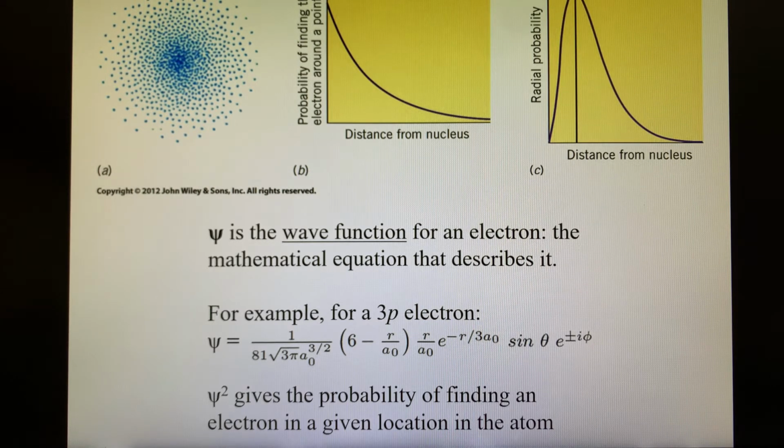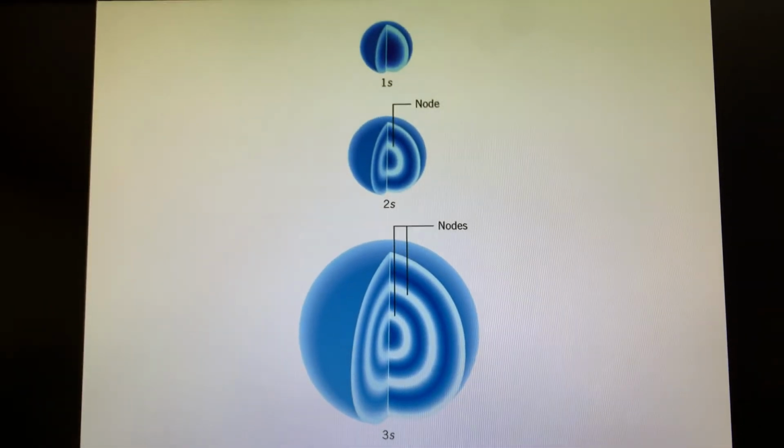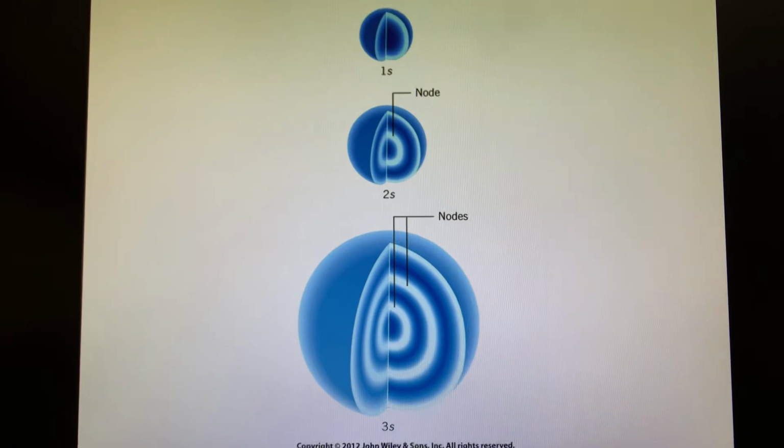So we get a spherical shape. If we pick an arbitrary cutoff point, say 95% of the electron density is within a certain radius, then we can show it as a sphere. And so we generally think of s orbitals as a sphere. A 1s orbital is just a single sphere.